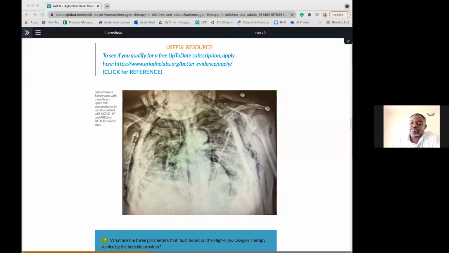Some air may actually leak out into the subcutaneous tissue and cause what is called subcutaneous emphysema. And it may also, in the long term, cause a spontaneous pneumothorax, where air leaks out into the pleural cavity. Yeah, so those are some of the complications that may arise.